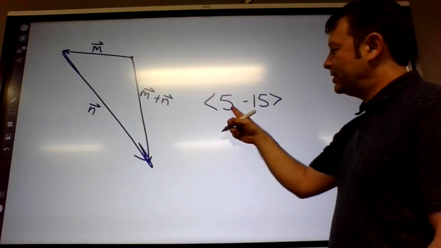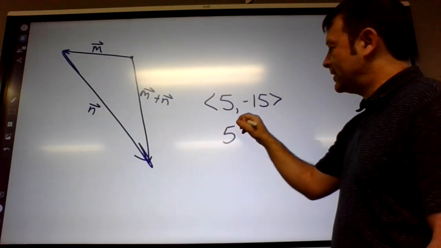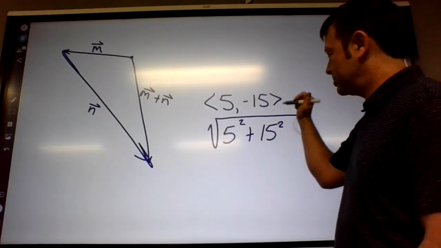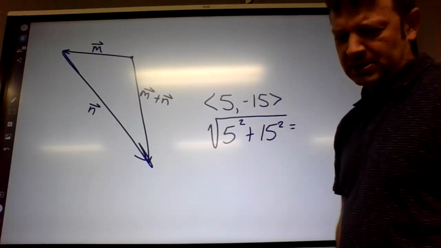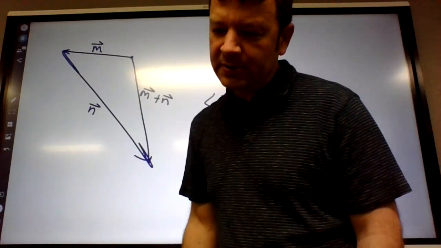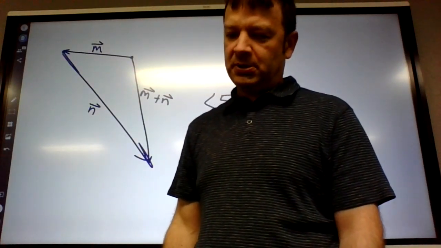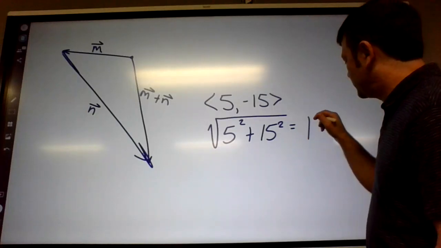So the magnitude is the square root of 5 squared plus 15 squared. What does that come up to? They didn't even put the square root version, they only put the decimal version. They put 15.8.